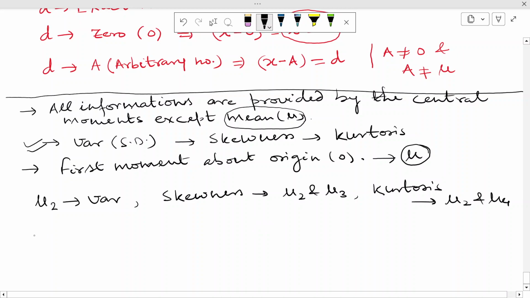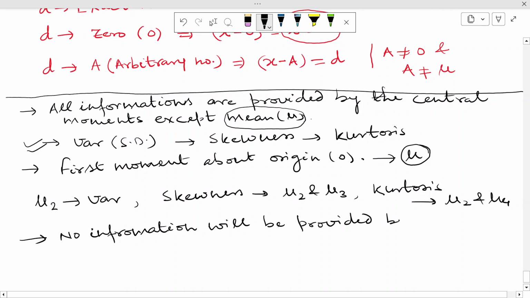From this we have another remark: no information will be provided by arbitrary moments, okay.